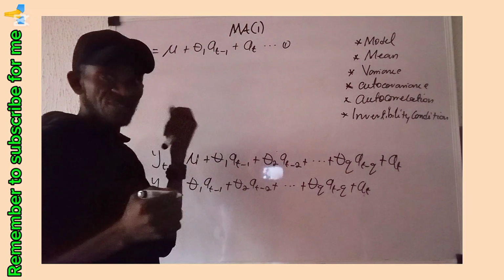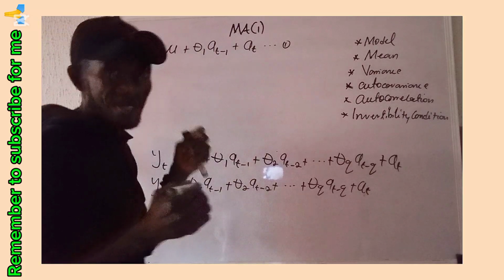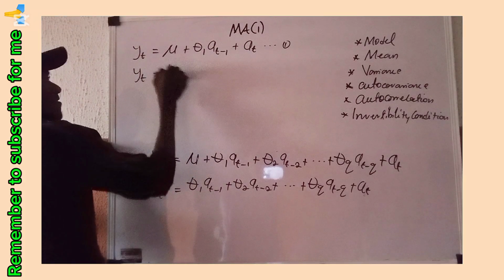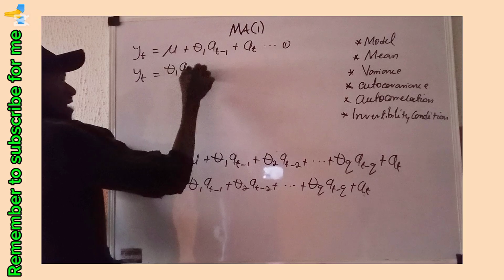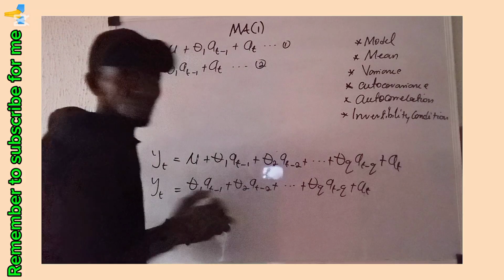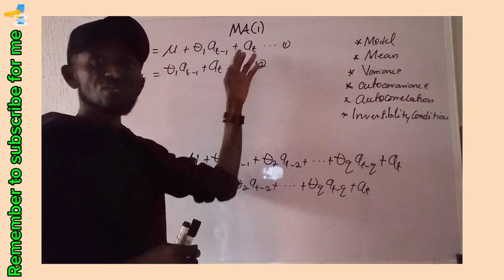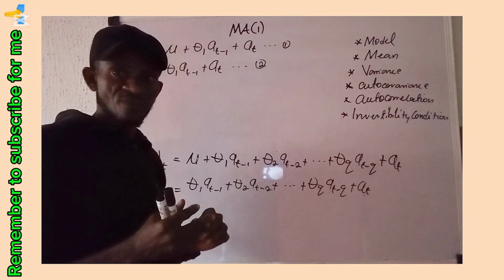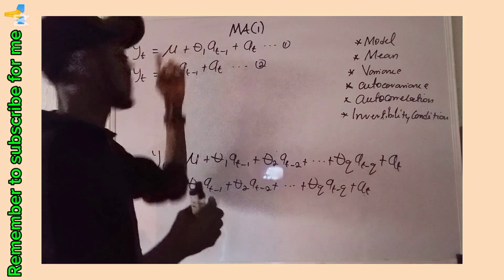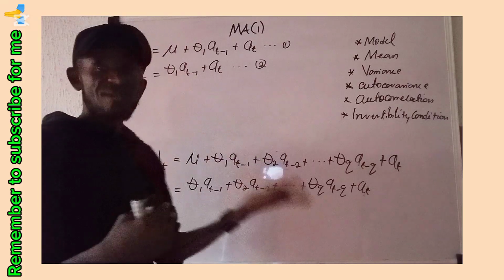In model 2, this mean constant has been assumed to be 0, and as such, the model is written as y of t equals theta 1 a of t minus 1 plus a of t. Call this model 2. So writing your MA of order 1 in either of these two equations is okay, as long as you are able to tell us what this mu stands for, the mean constant, which in the second model has been assumed to be 0.